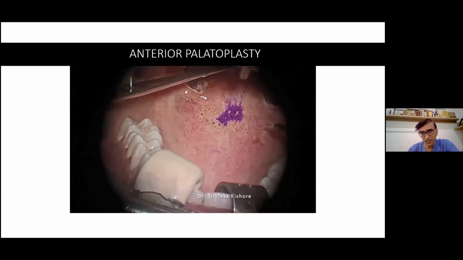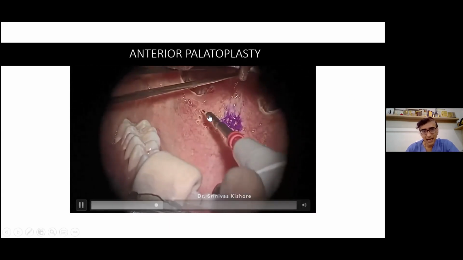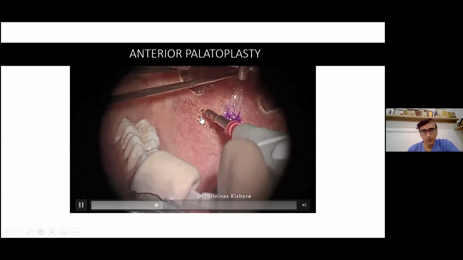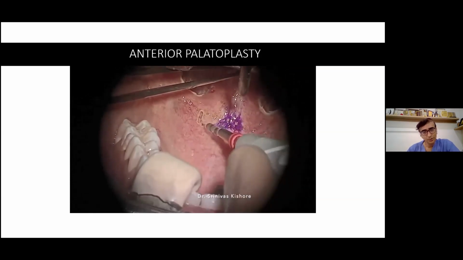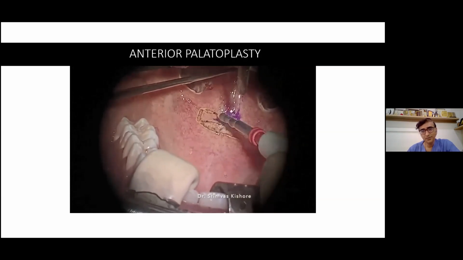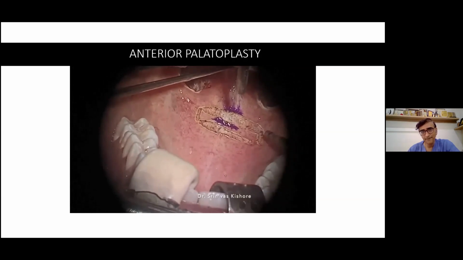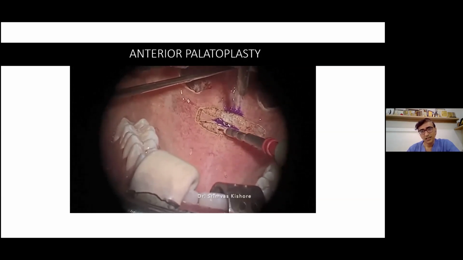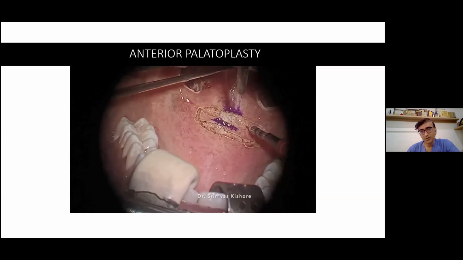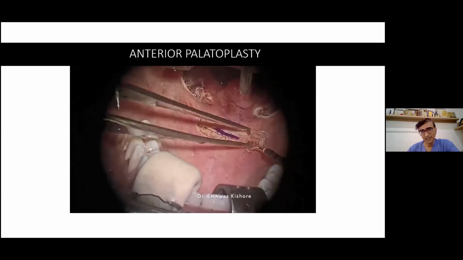You can use monopolar. The idea is to create a box of about 1.5 by 2 centimeters, and then you basically clear off the mucosa there. And once you clear off the mucosa, you're going to expose the submucosal tissue.